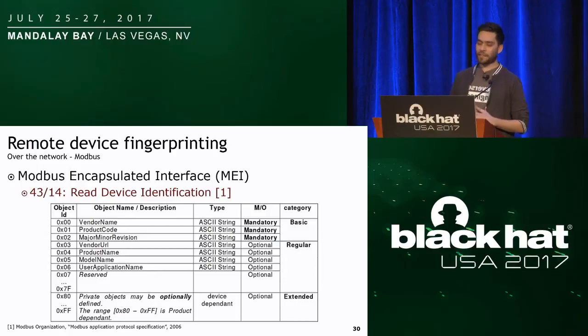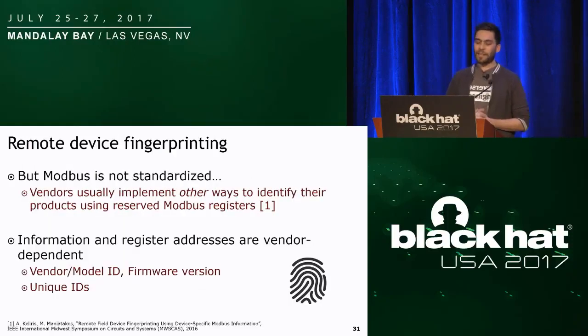It would be great if this device supported that, but it doesn't. That's because Modbus is not a standardized protocol. It's a specification, so vendors implement it in whatever way they see fit. And this device, for example, does not implement the read device identification code.